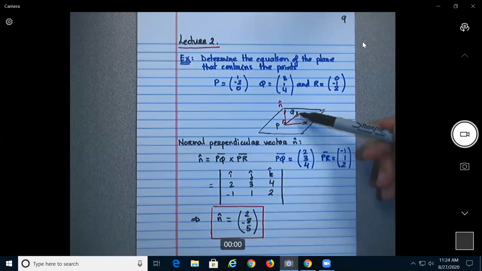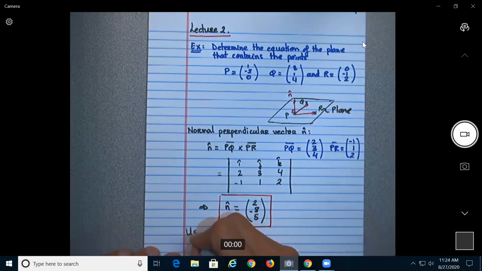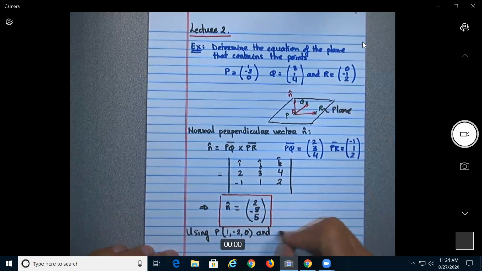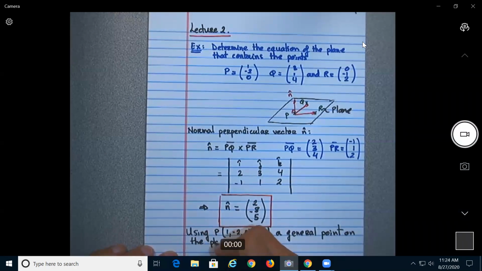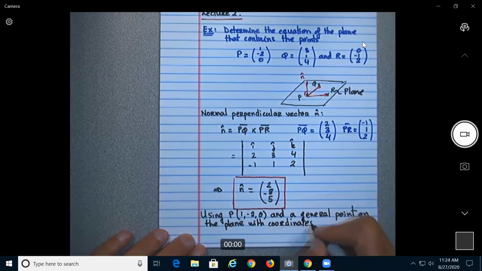You can choose either P, Q, or R. But in this case, let's just say using P, which is equal to (1, -2, 0), and a general point on the plane with coordinates x, y, and z.